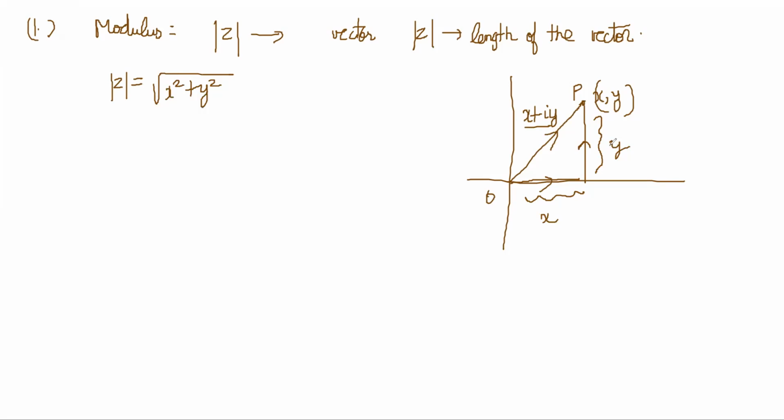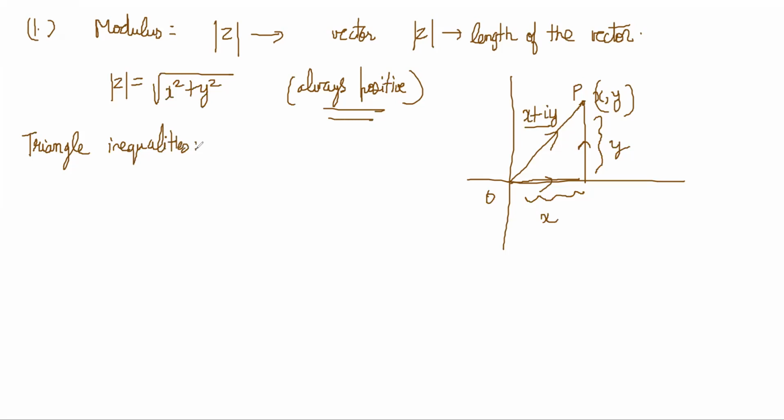Now this mod will always be positive, because length becoming negative doesn't make any sense, right? You also have a set of inequalities called the triangle inequalities for the length, which are straightforward.